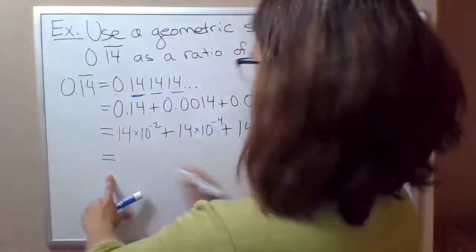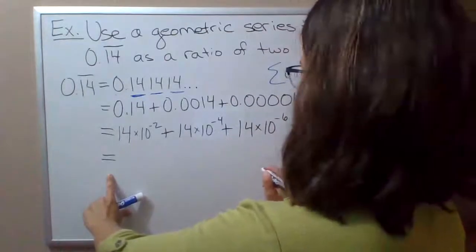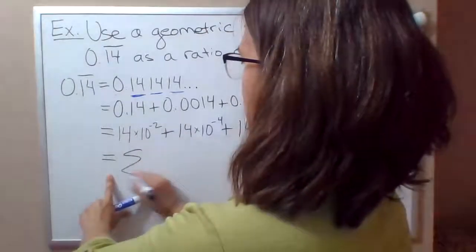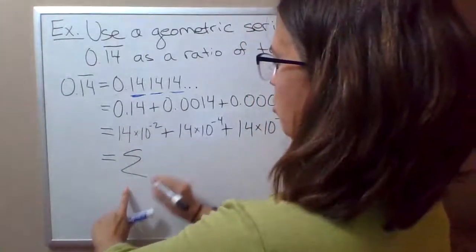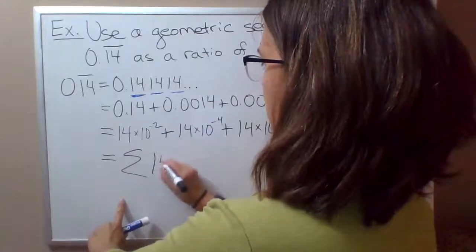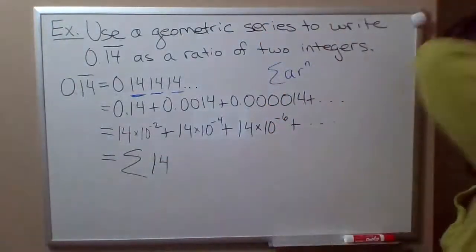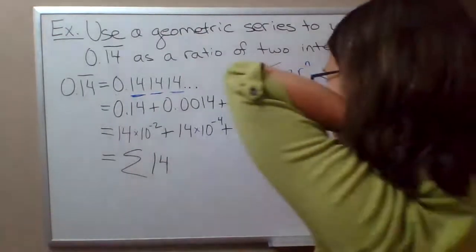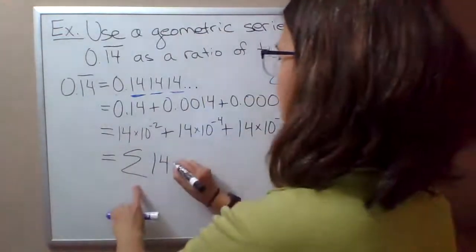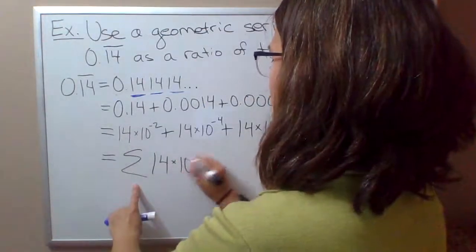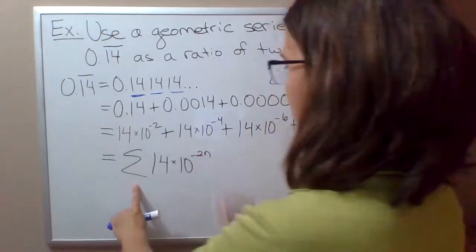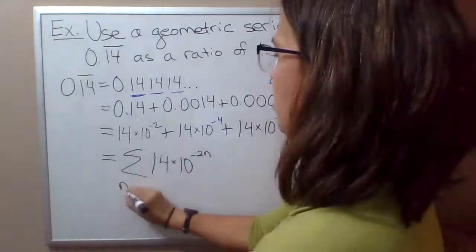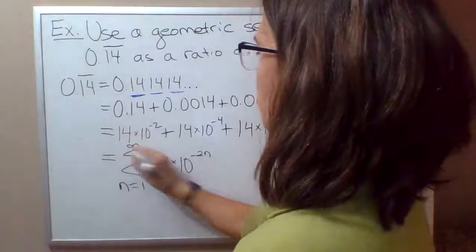And, well, maybe we can do that right now. Let's see. So if I want to write this in the sigma notation, then I could certainly factor out 14. And then we have 10 to the negative 2n, looks like, right? With the sum, n goes from 1 to infinity.